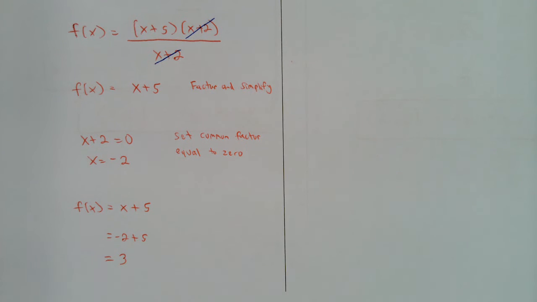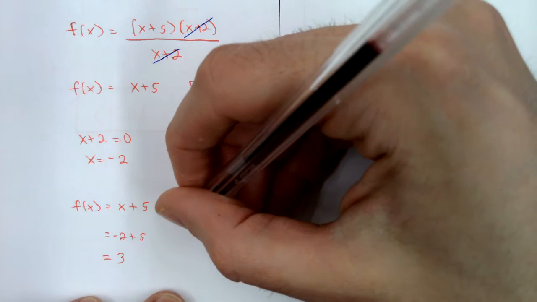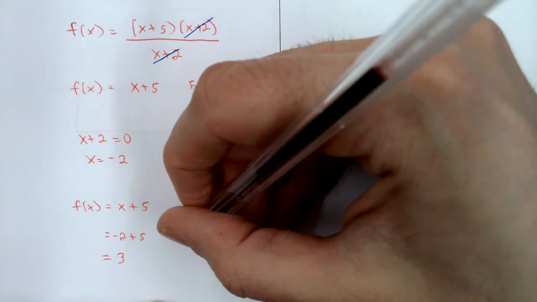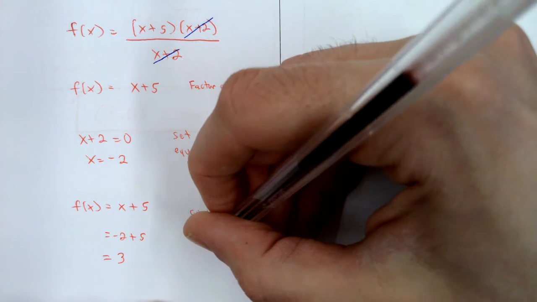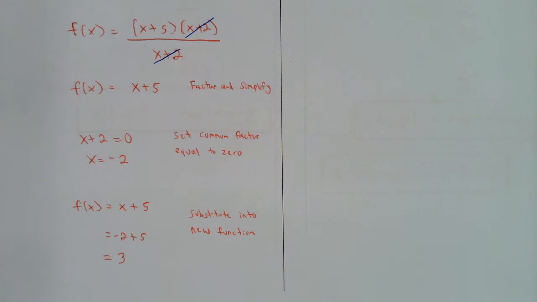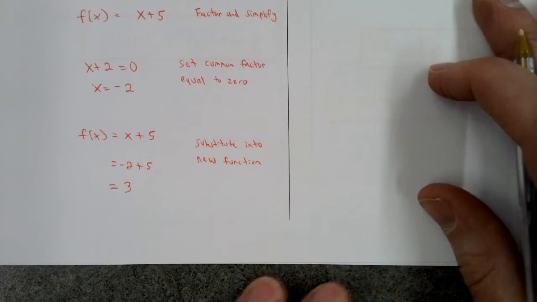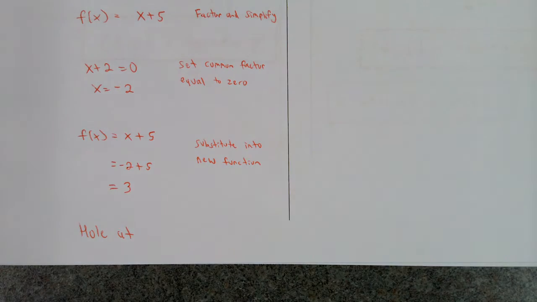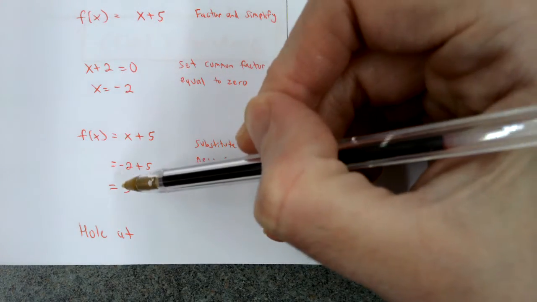So I'm just going to say substitute into new function. Not the original function, the new one. So we have the final answer. We have a hole at negative 2, comma 3.